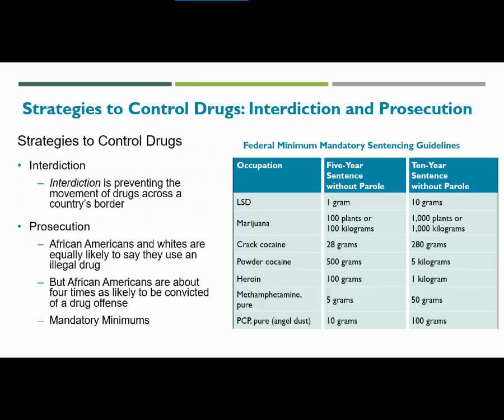So let's begin by talking about the primary strategies that have been used to control drugs. The first two that we're going to discuss are interdiction and prosecution. Interdiction is just prevention of the movement of drugs across a country's border.